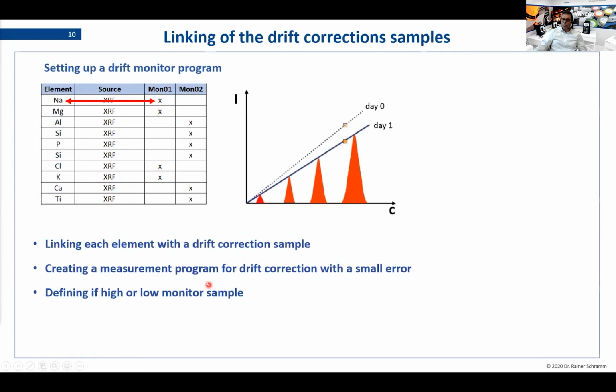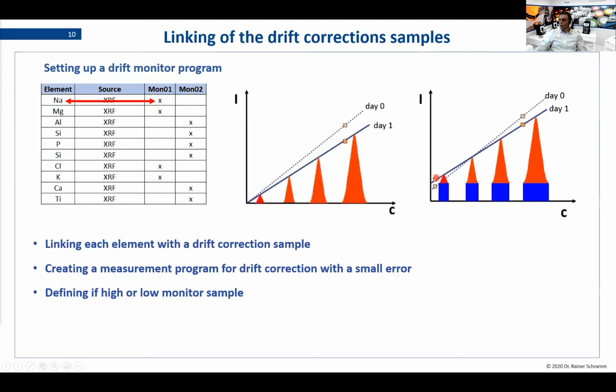After that, you have to decide if you need only a high monitor or a low and a high monitor. You should decide on the basis of whether you measure backgrounds and your calibrations are based on net intensities. In this case, a high drift monitor is sufficient.